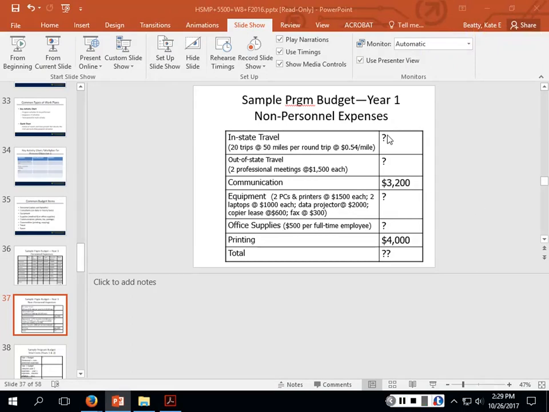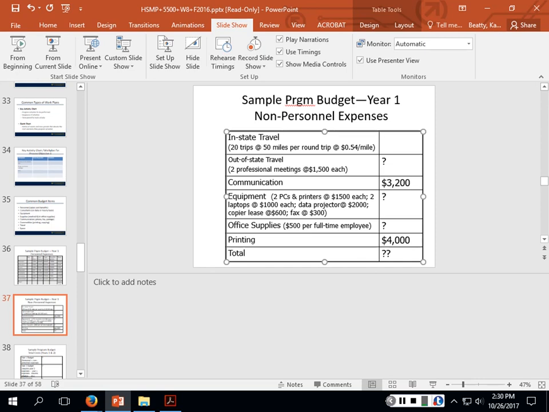Okay, so in-state travel, where did we get with the term? Where are we? Conley. Yes. 540. How did you calculate that, sir? Number of miles per round.